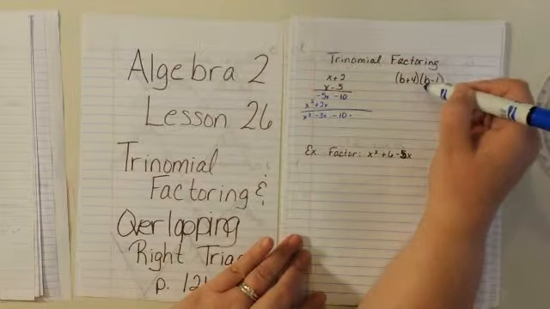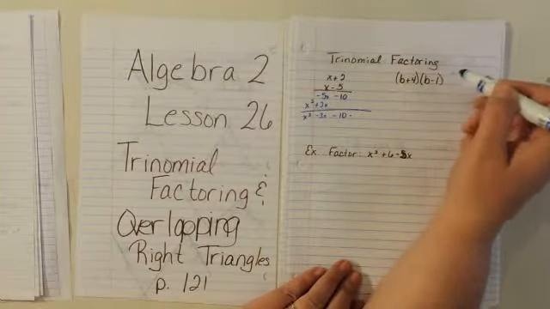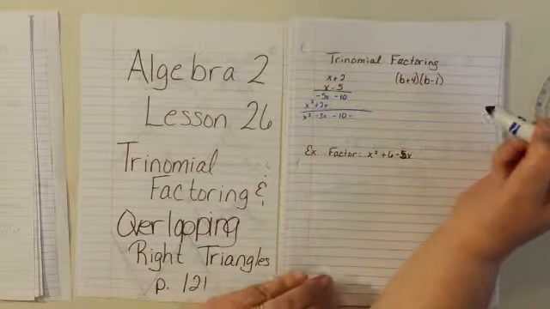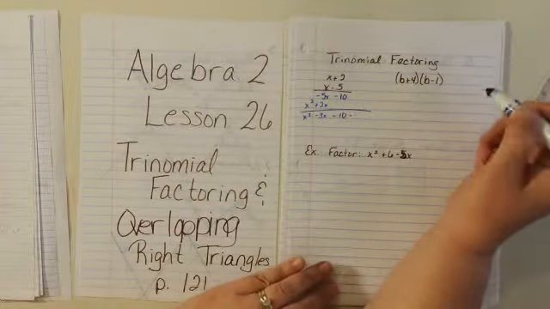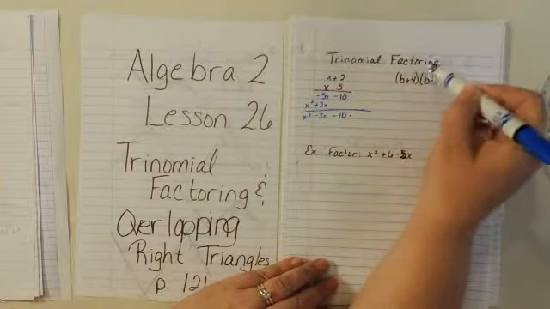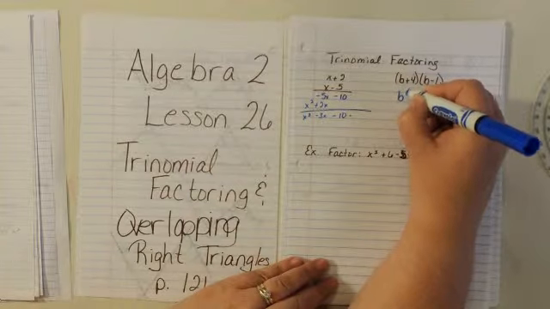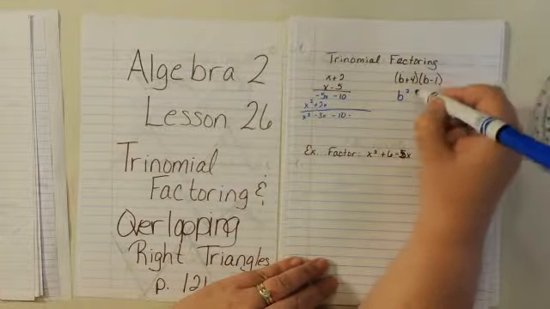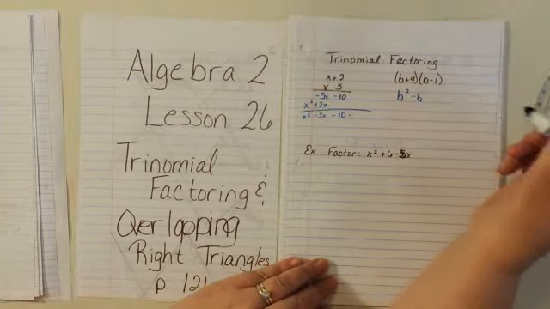Okay? Here we have two more binomials. We're going to multiply them horizontally, and remember we can do that with the FOIL method. The F stands for first. B times B is B squared. The O stands for outside, so B times negative 1 is negative 1B.